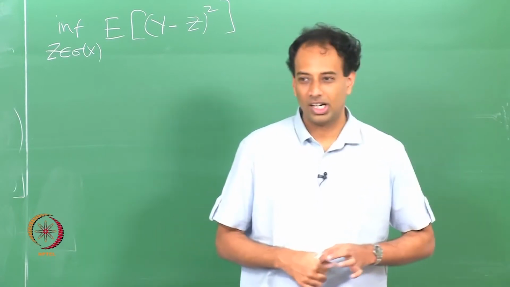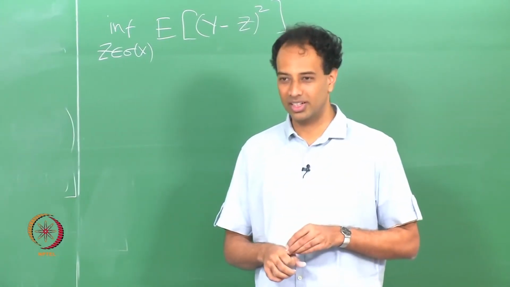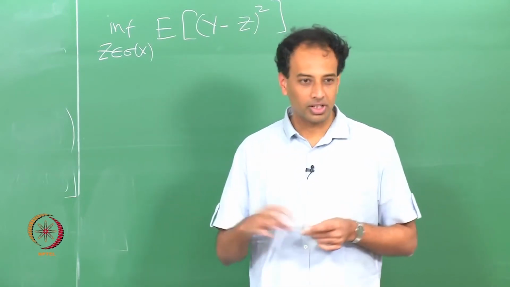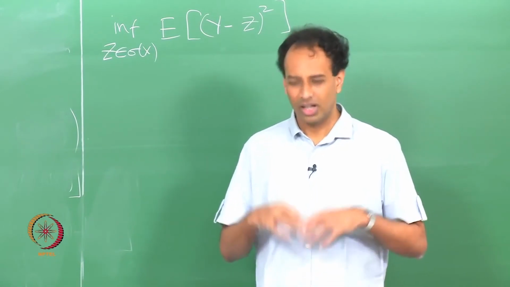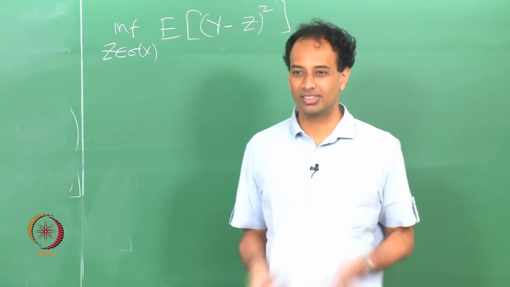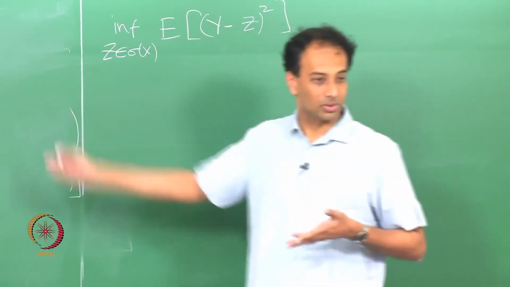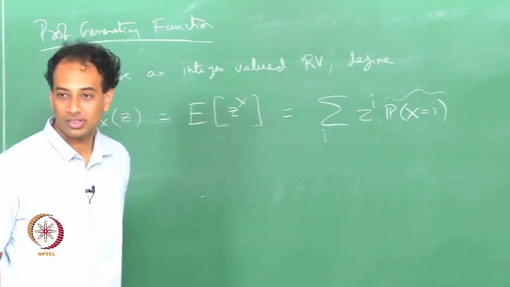You already know from your study of signals and systems that for Z transforms the convergence regions are generally annular, they are circles, right. That is true here. There exists some radius of convergence.